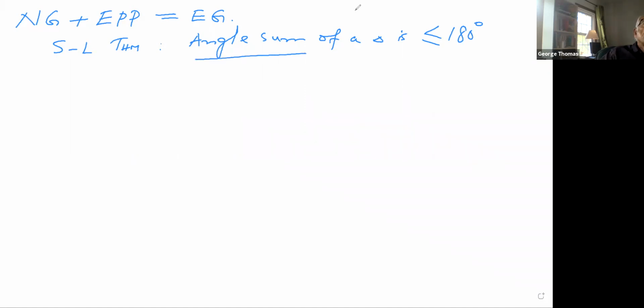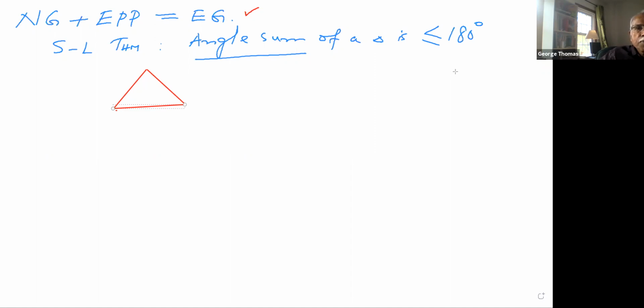Now, we are in Euclidean geometry. I told you already yesterday that in a triangle, we are going to show that the angle sum of any triangle in Euclidean geometry is in fact 180 degrees.